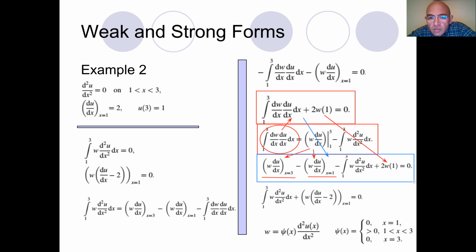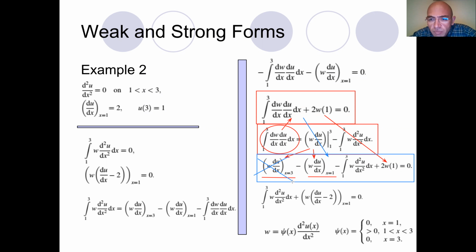Now remember that w at x equal to 3 is 0 by definition. So again, this term will vanish because of the definition of the weight function, because the weight function is 0 at the Dirichlet boundary condition, on the essential boundaries.